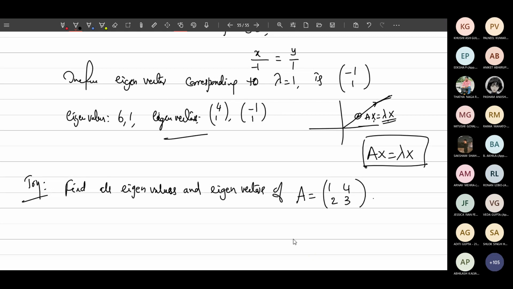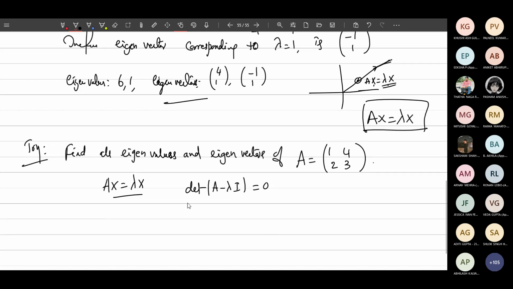In the same way you apply it. First of all, you need to get non-trivial solutions of the system Ax equal to lambda x. We need the determinant of A minus lambda I equal to 0, you take first. Then you will get an equation in terms of lambda, and you find possible values of lambda. After that, A minus lambda I times x equal to 0.